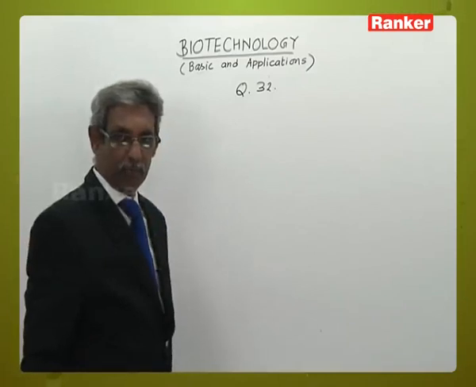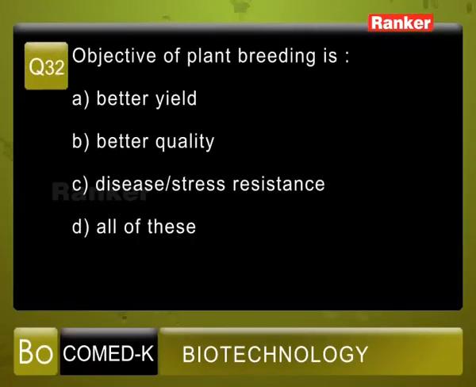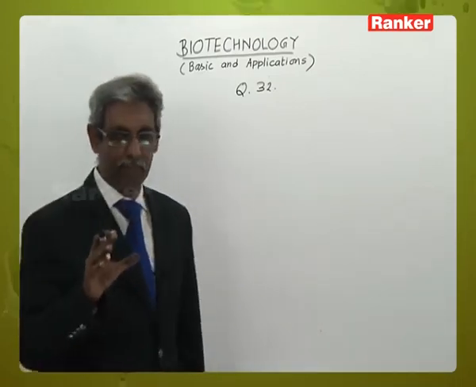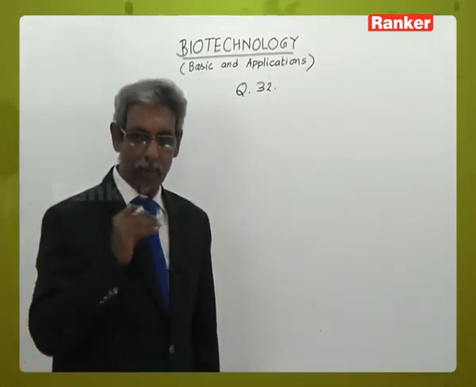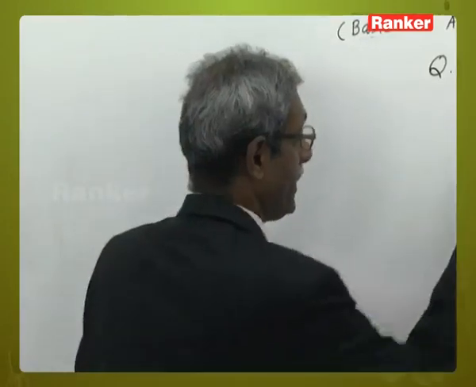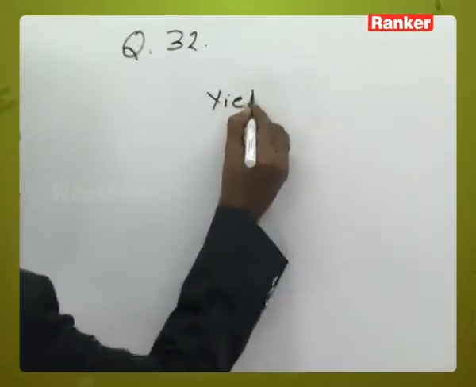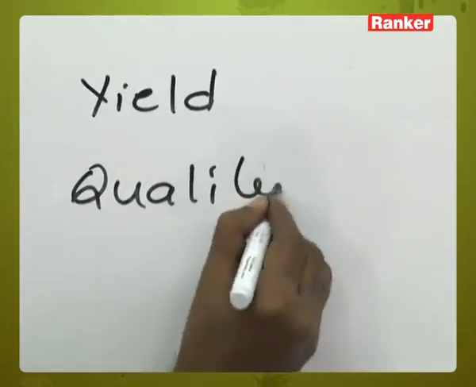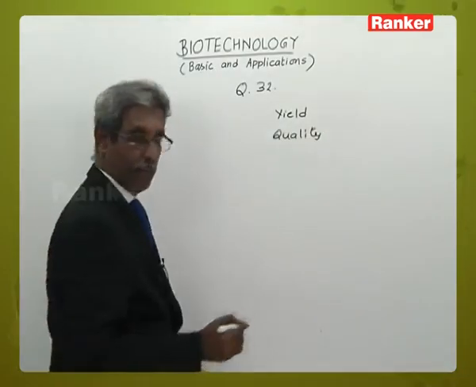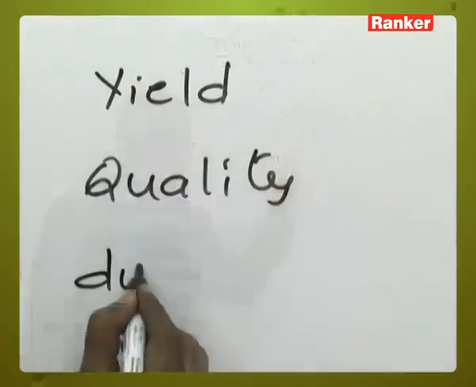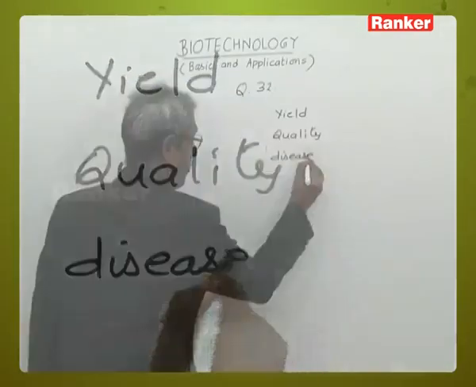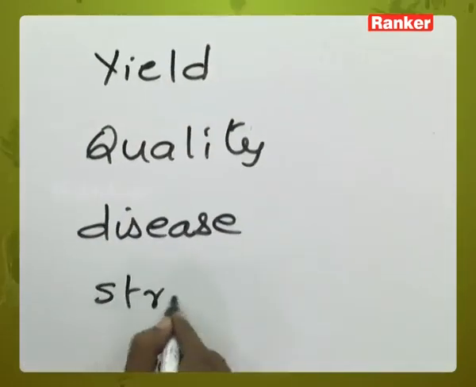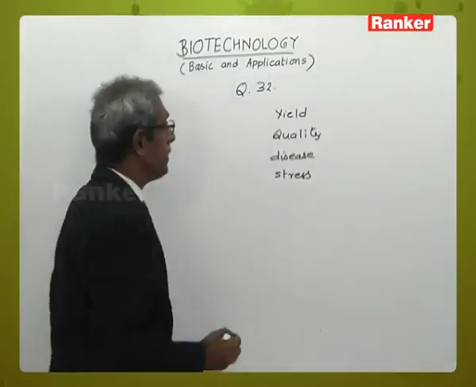Question number 32. The objective of plant breeding is? Plant breeding is a science which relates to improvement of crops for better yield, for quality, for disease resistance and stress resistance.